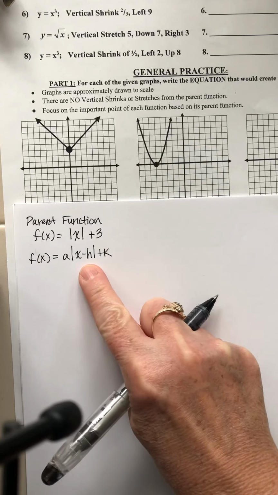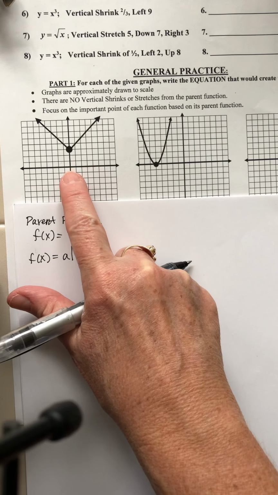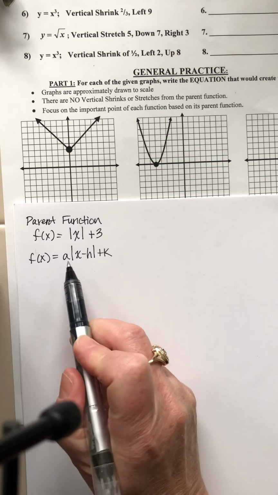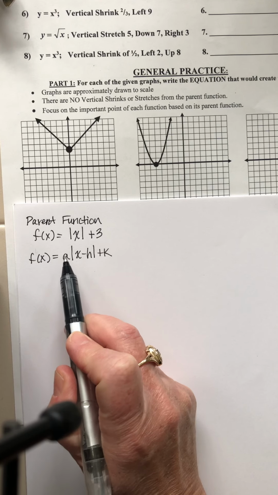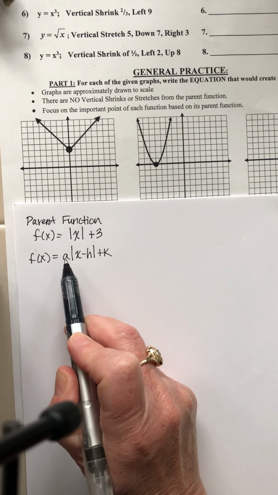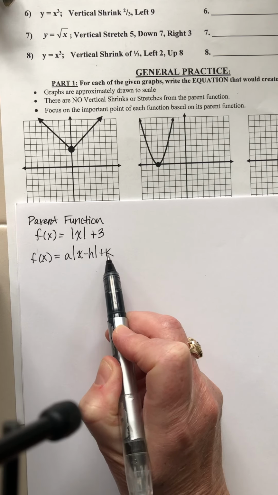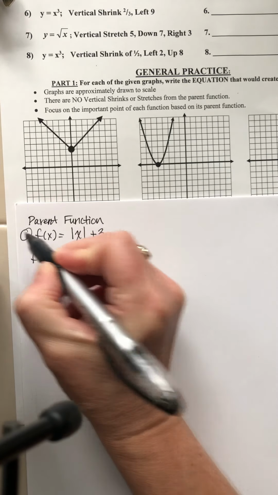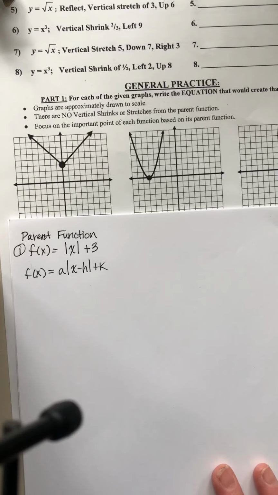In this case, there is no h. The graph is staying in the middle. It's not moving left or right, but it is moving up. And the directions told us that there is no stretch or compression. So we don't have a value of a to write down, and we only have the value of k because the graph has moved up 3. So that would be the first equation for that first graph.